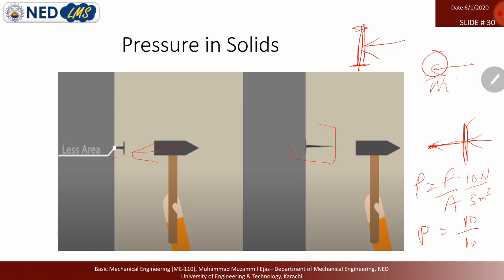Every RCC concrete slab or anything has a particular sustainable pressure, and if the pressure applied on it gets bigger than its permissible pressure, then it breaks the wall, it breaks the slab, etc. So by changing the shape of a solid object, we can transform pressure into different values and get benefit and make many applications.